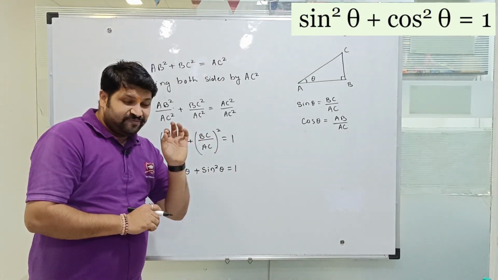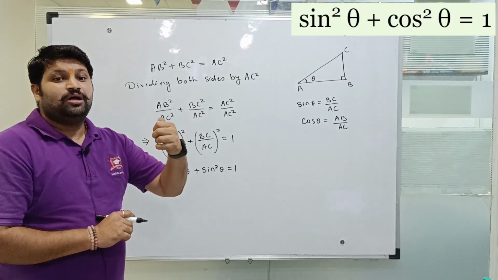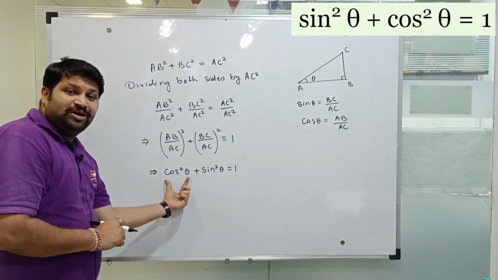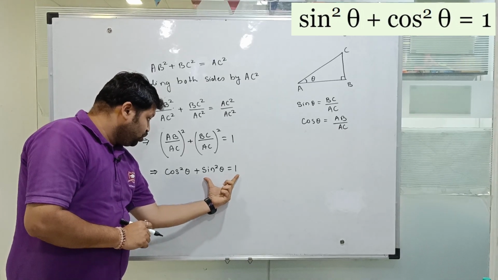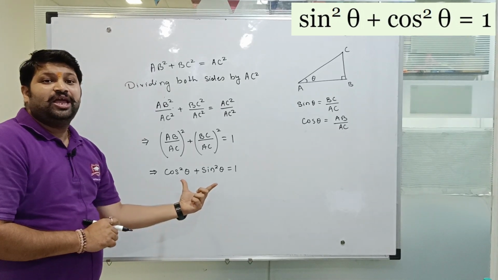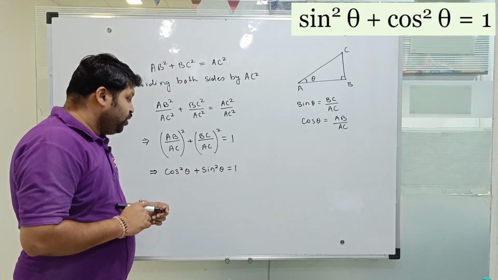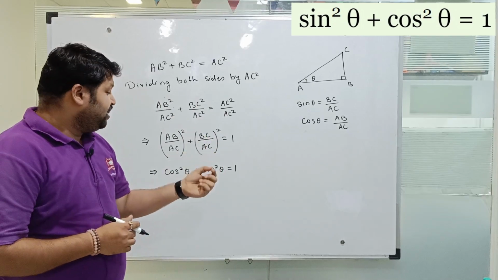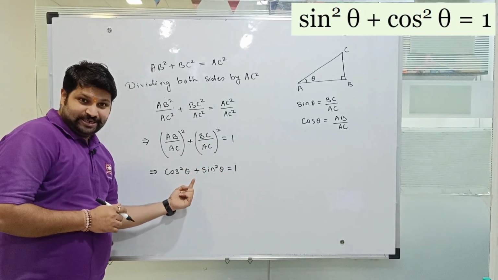Now there is something very important that you need to understand when we are squaring the trigonometric functions. These are called trigonometric ratios, and this whole thing would be called a trigonometric equation. So whenever we are dealing with a trigonometric ratio and we have to square it, we never put the square after theta.